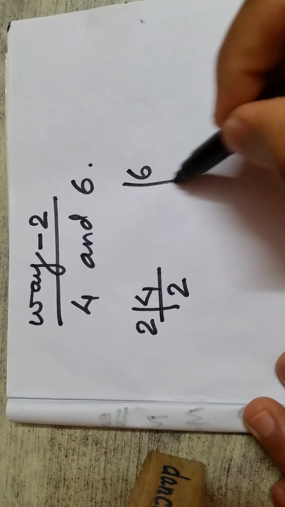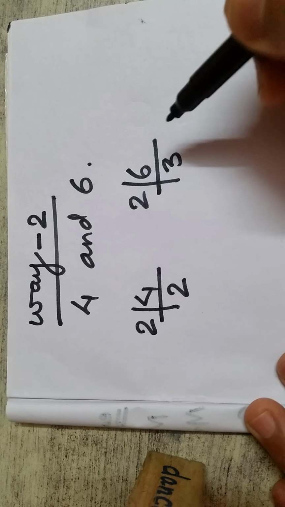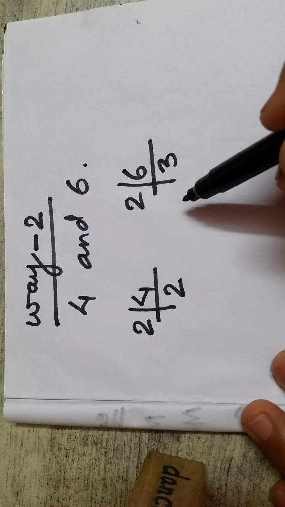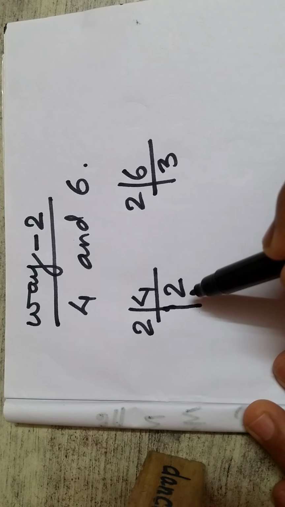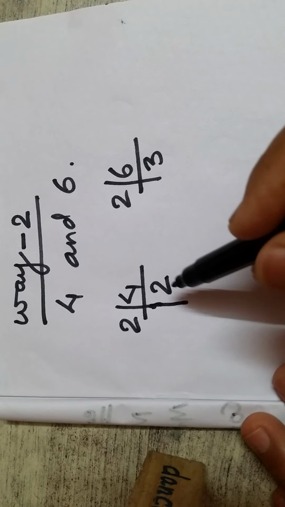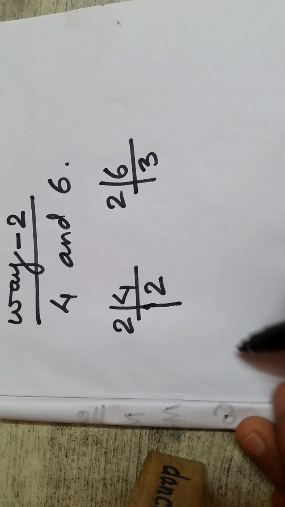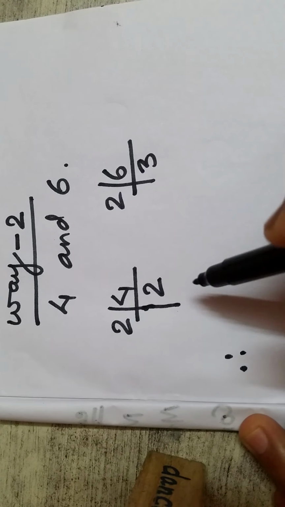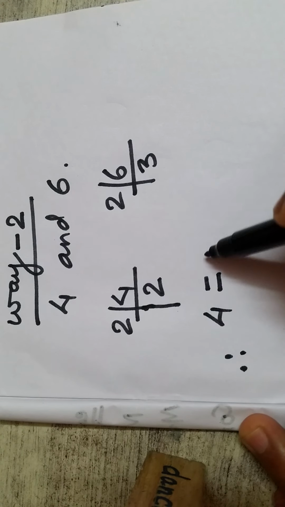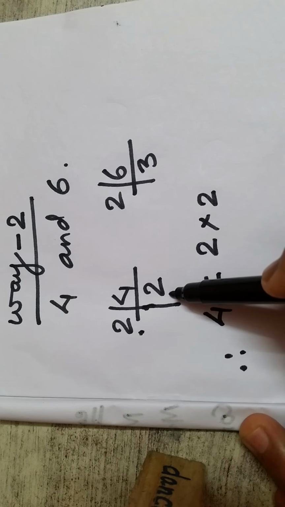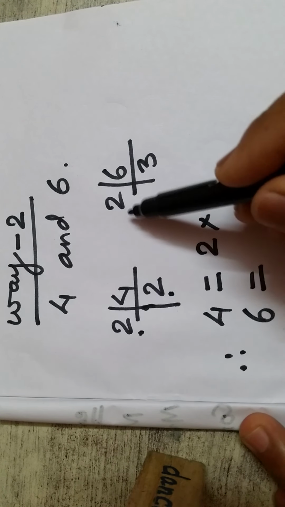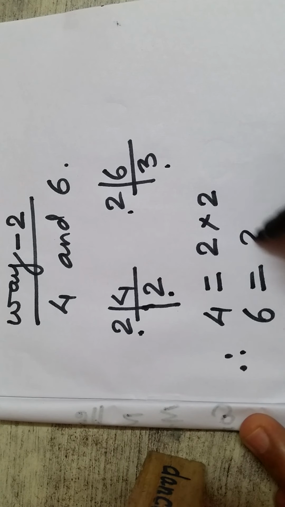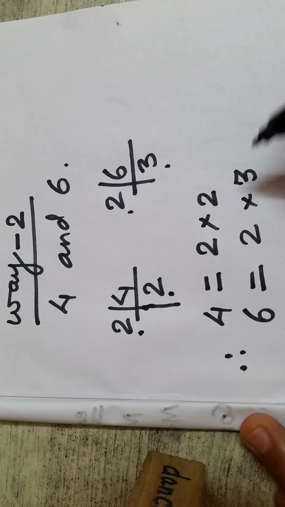Similarly, another number also we can factorize, 2 3s are 6. No need to divide again because we have already got the prime numbers. Therefore we can write 4 is equal to 2 multiply 2 as the factors of these prime numbers. Similarly, 6 can be written as the product of these two factors, 2 into 3.